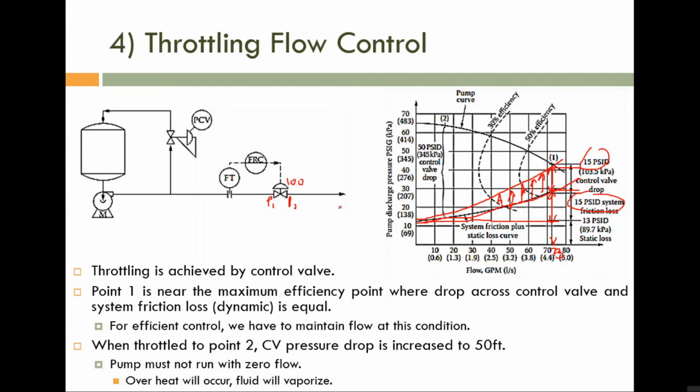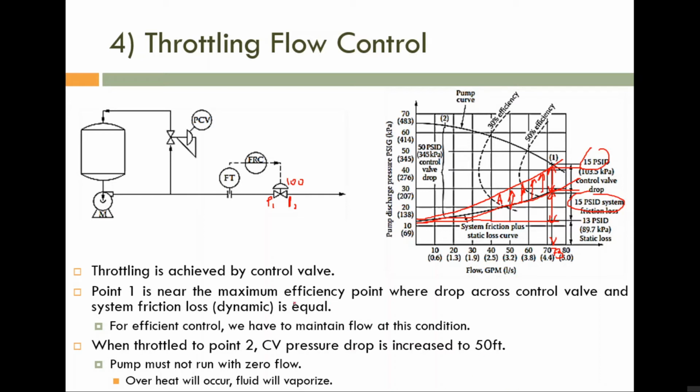So if you are selecting a control valve, the friction loss due to the control valve must be exactly equal to the friction loss due to the remaining parts of that process. That is, the friction loss due to the control valve at 100% open, corresponding to 73 gallons per minute, is exactly equal to the friction loss due to the remaining parts, that is 15 psi. That is very important when selecting a control valve. So that is mentioned here.